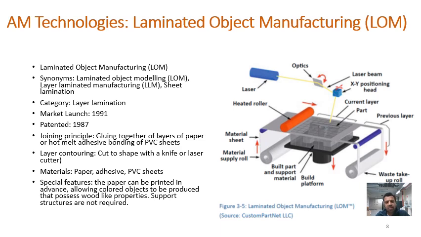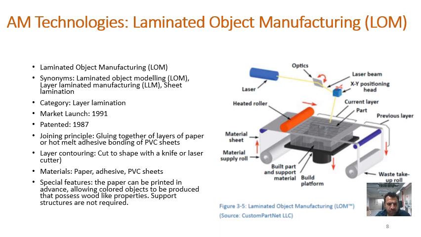In this technology, parts are built by gluing together different sections, which are separately cut with the help of a knife or a laser. Parts of paper or adhesive materials or PVC can be printed by this technology.